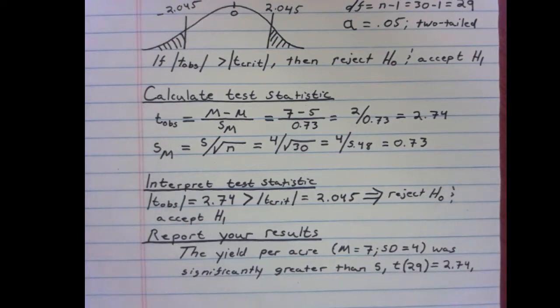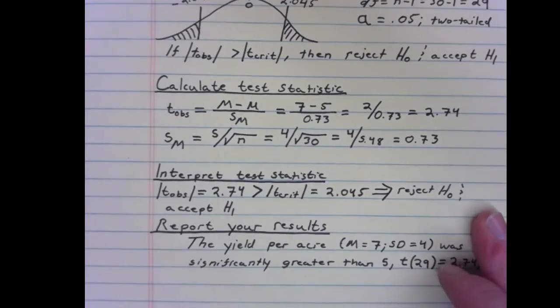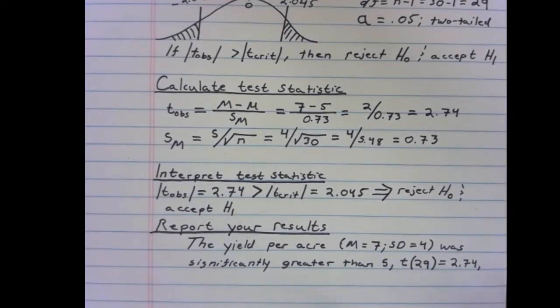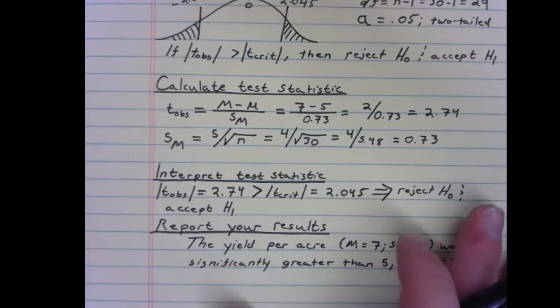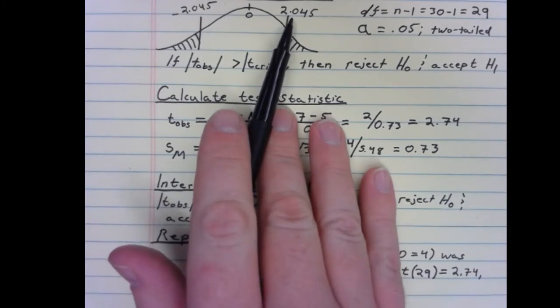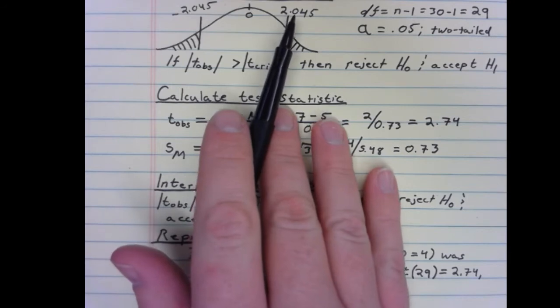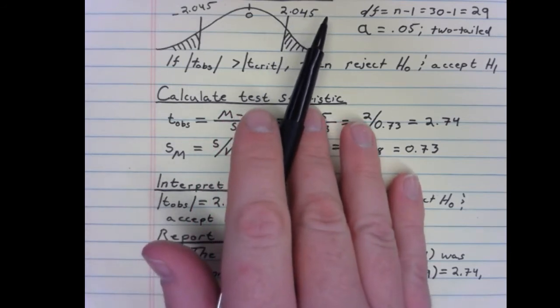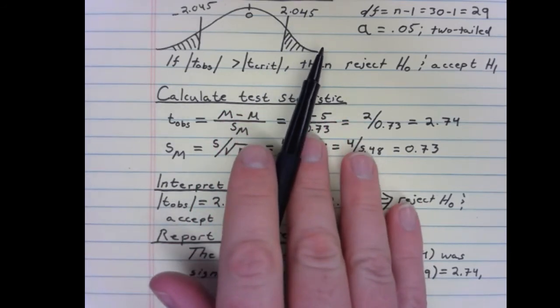Then we need another comma, and then we need to make a p-value statement. Now, a p-value is the probability of getting this observed test statistic. Note that we did not calculate an exact probability for that. What we did is we found the t-value that would have a two-tailed probability of 0.05, and then found out that our t observed is actually more extreme than that.